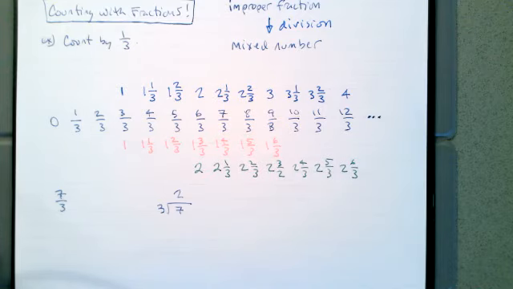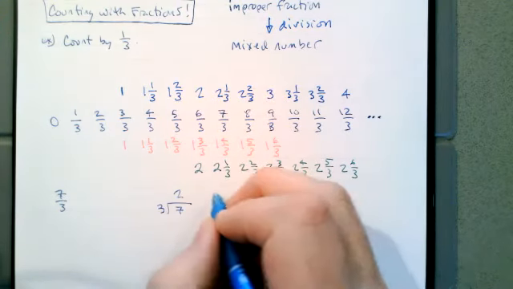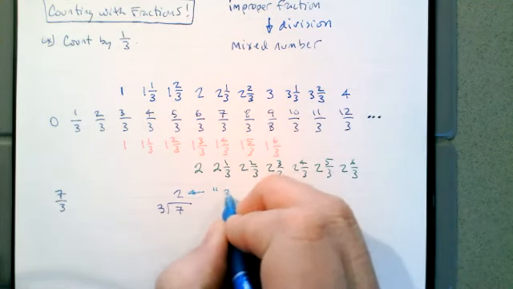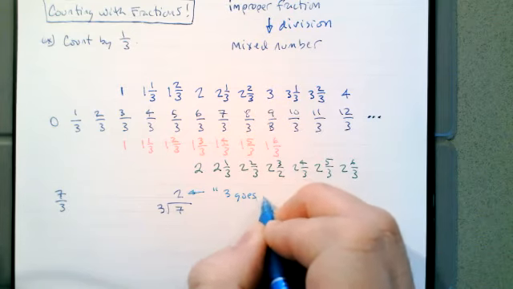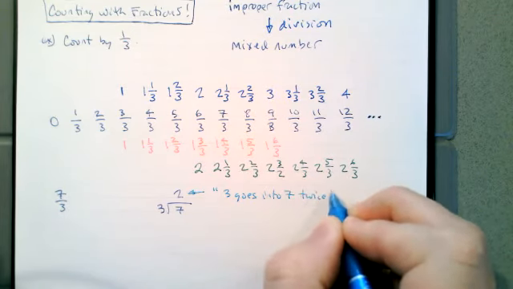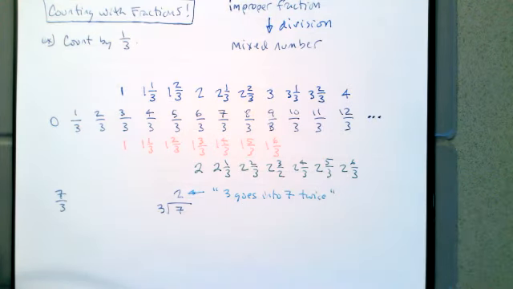I was taught to say 3 goes into 7 twice. So these are the words that are running through my head. I come up with this 2 because I say to myself, 3 goes into 7 twice. I wasn't told why this was.